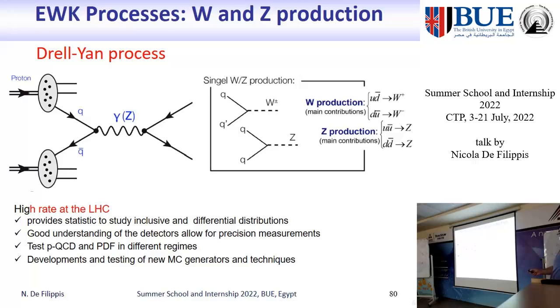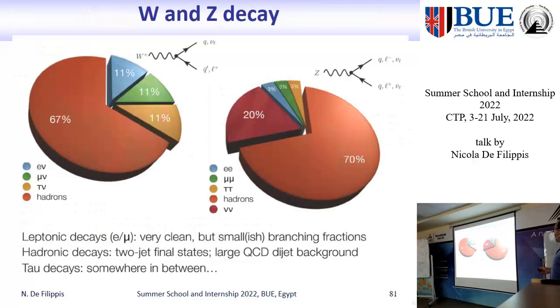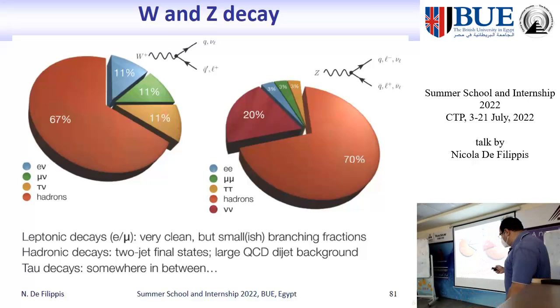And indeed, you know that, for example, the Z decays in leptons just with a branching fraction of 3% for each charged lepton flavor, and then 20% in neutrinos, but this is not observable because neutrinos escape from the CMS detector, and the remaining part is in hadrons.